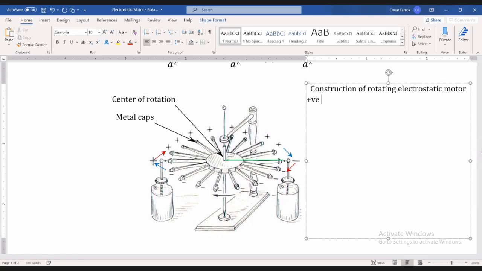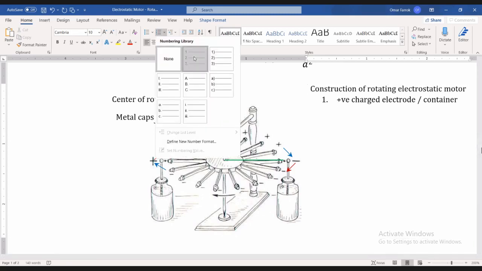The positively charged electrode, to obtain it, we need a jar or container. We need a container or jar to produce a positively charged electrode, and we need another electrode which is negatively charged.